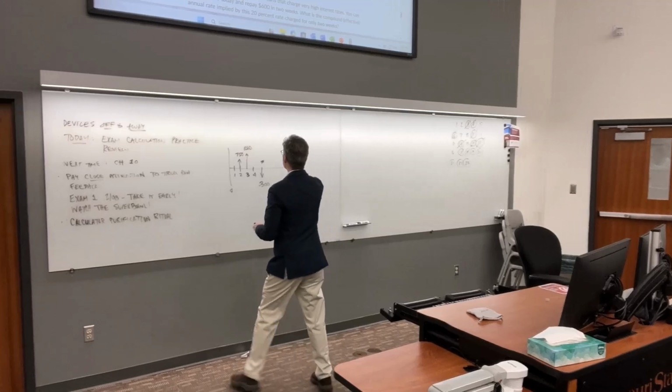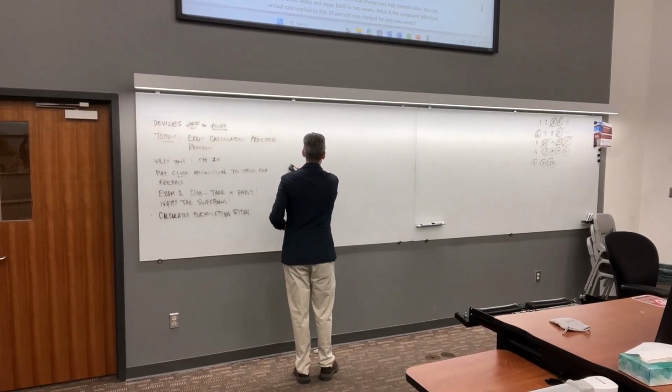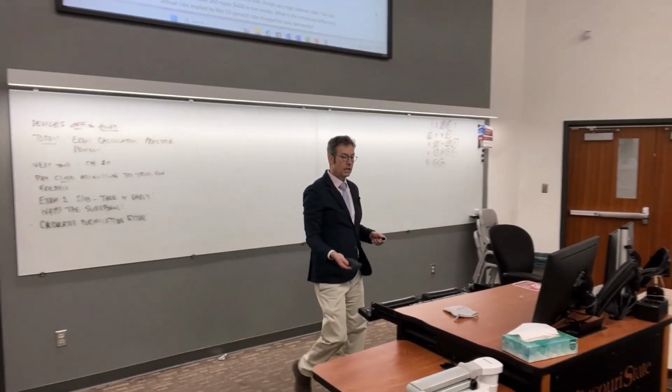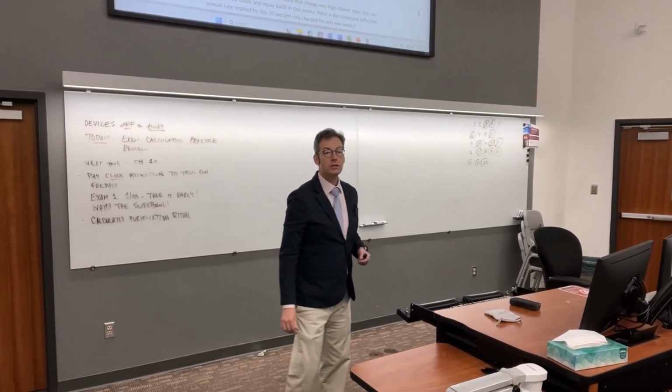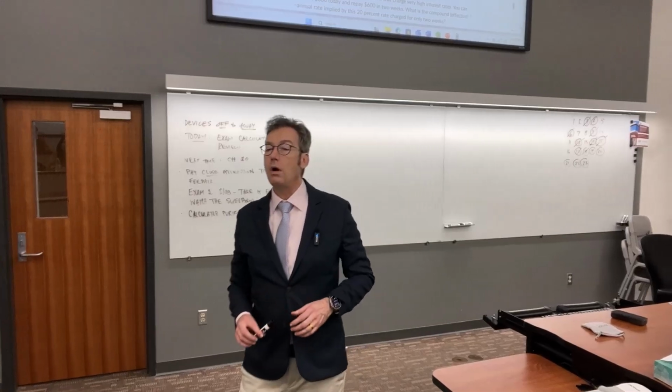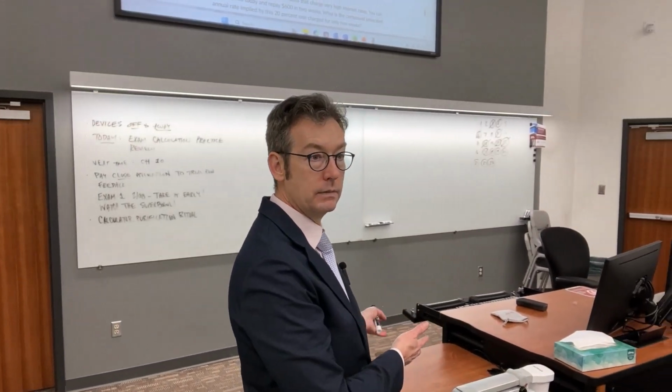Oh, this is a good one. How much would a bank be willing to lend the business owner? When you borrow money, are you borrowing the present value or the future value? Present value. So in order to find out how much these people would be willing to lend us, we need to find the present value of the cash flows at the agreed upon rate.